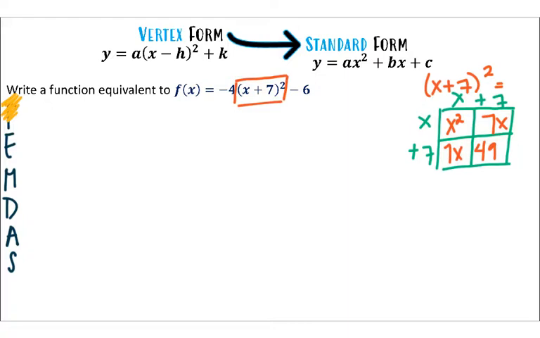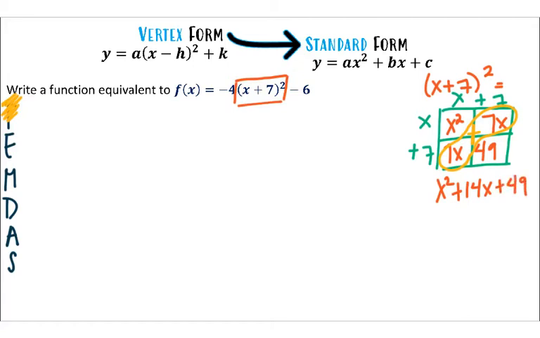Okay, always check across the diagonal of your box. 7x and 7x are like terms, so we are able to simplify and combine those when we write out our final answer, which is x squared plus 14x. 7x and 7x gives me 14x plus 49.